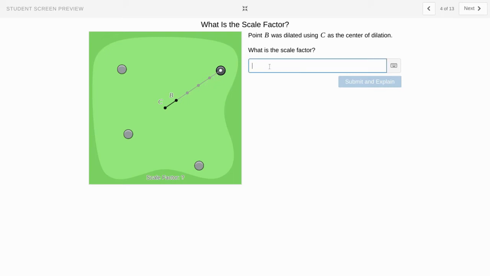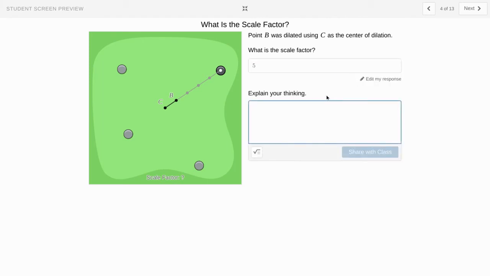So our scale factor is going to be a scale factor of 5. And explaining our thinking, I notice that there are 5 of the same line segments to get to the hole.